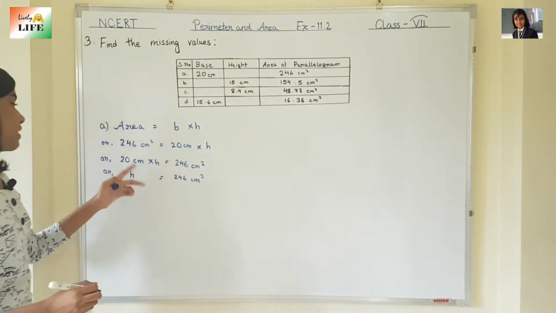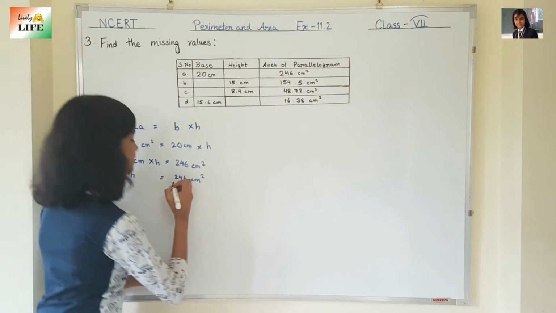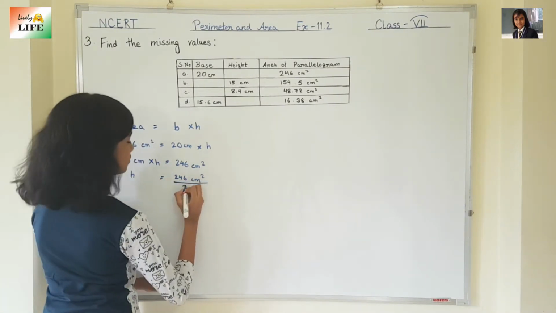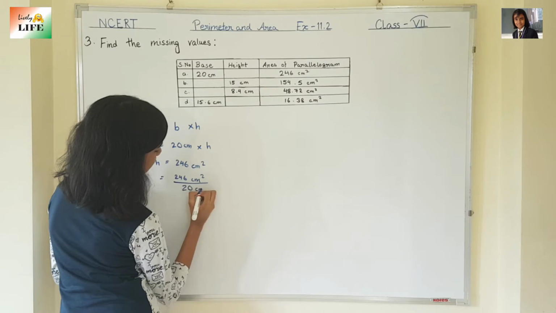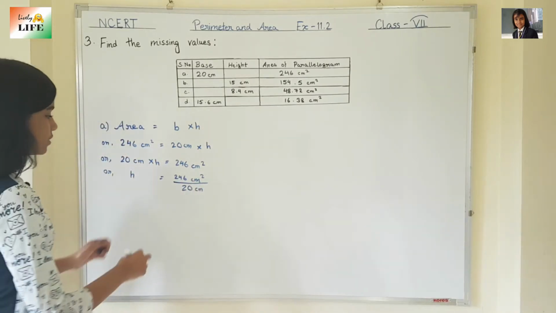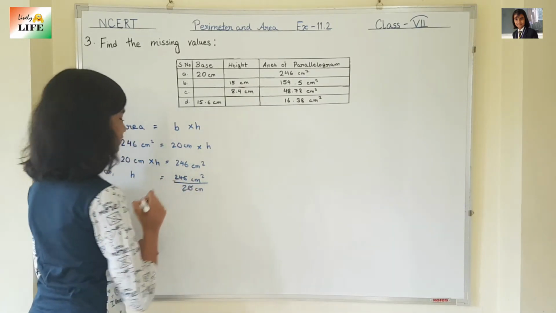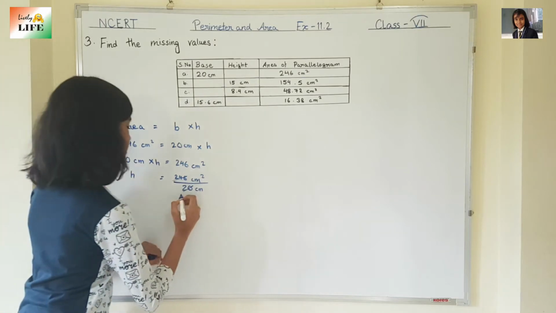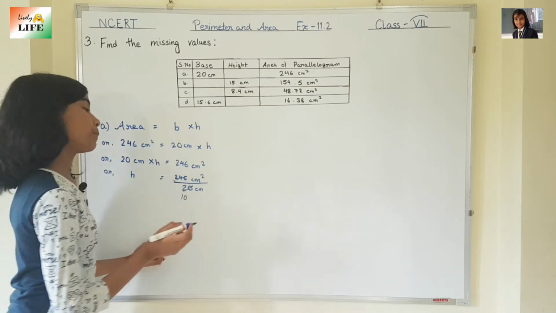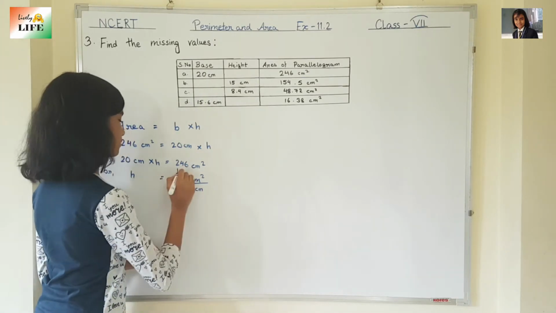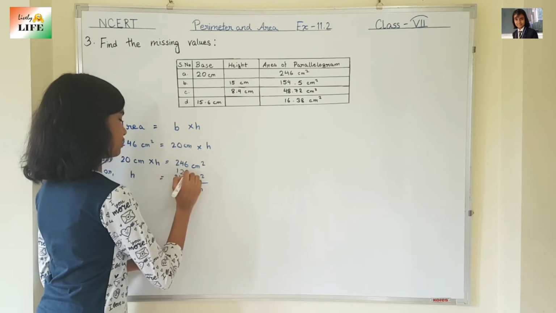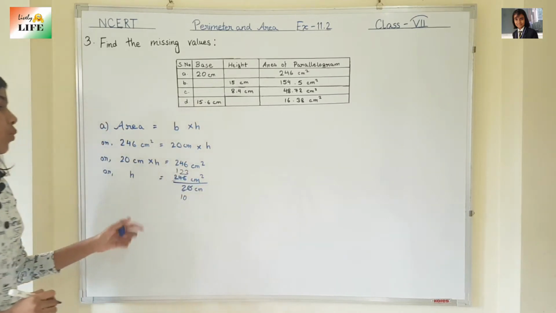Here 20 centimeter was multiplied, here it will be divided by 20 centimeter, right? So divide it by 2, 2 tens are 20, 2 ones are 2, 2 twos are 4, 2 threes are 6.